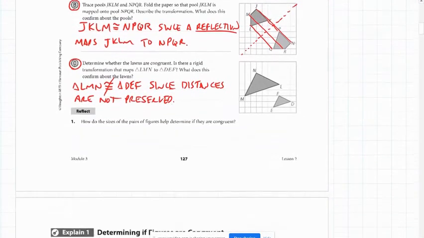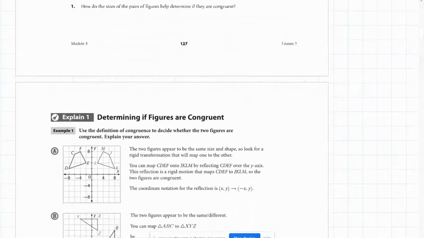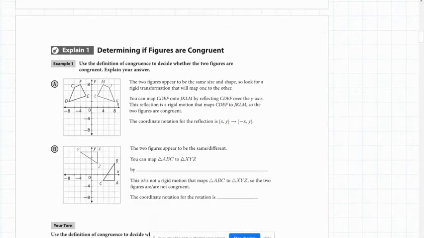Okay, and so then we'll go on to page 128. They did a similar example in A, but now it's on a coordinate grid. And so we can actually use coordinates and formulas to prove that these are congruent. This figure is a reflection, just like the example B that we did above. If we reflect across the y-axis, these figures match up perfectly.